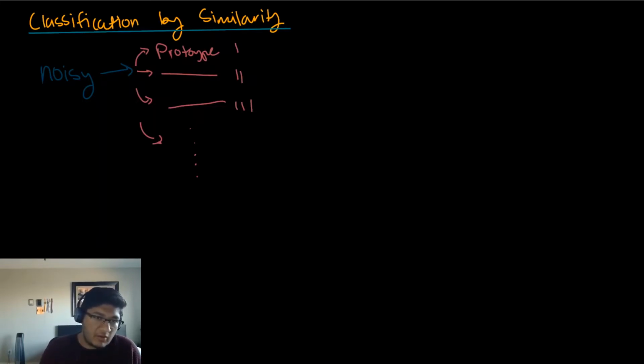And you might be thinking, okay, noisy image, what does noisy image mean? Let me define that. Noisy image means basically something that is incomplete. Noisy could also mean unestablished or unrecognized.